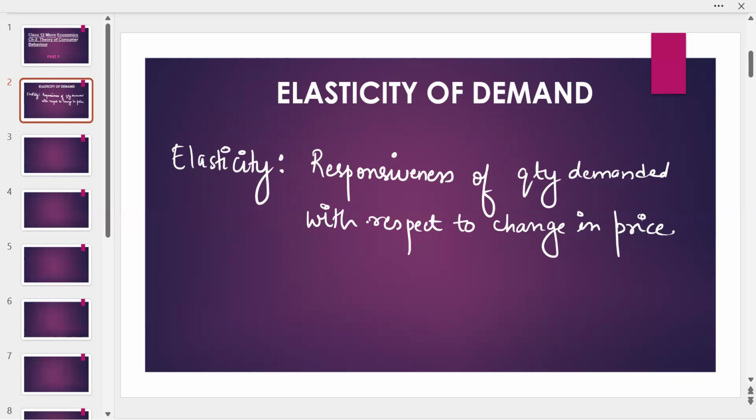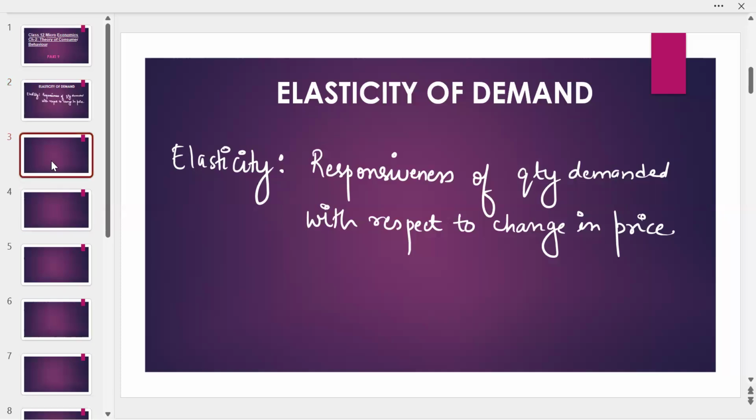So we want to understand how much percentage change there is in the quantity demanded with respect to a percentage change in the price.